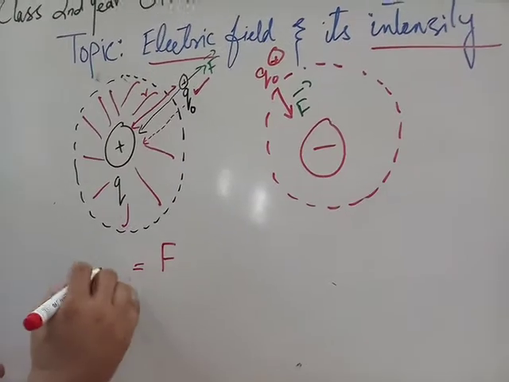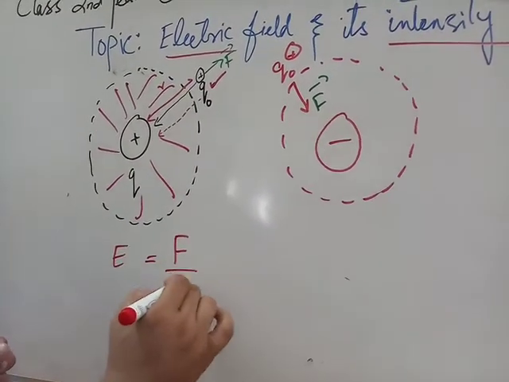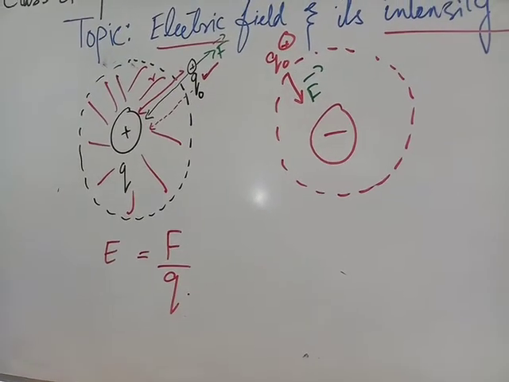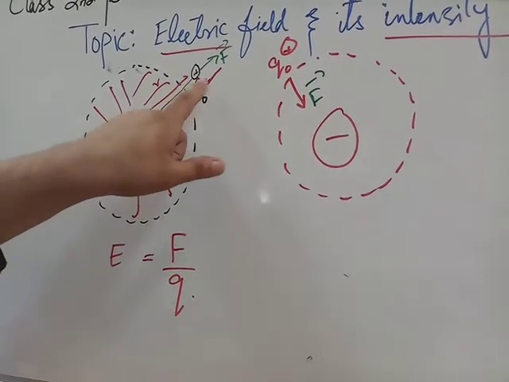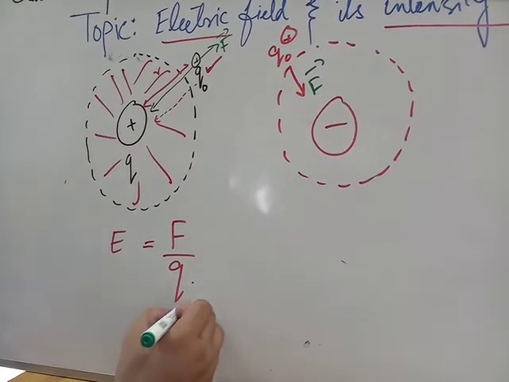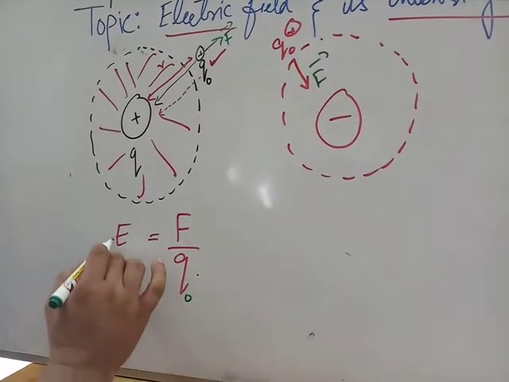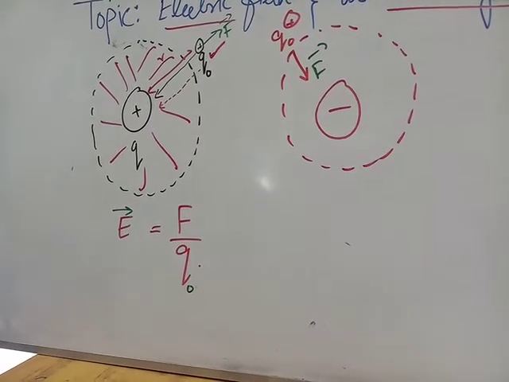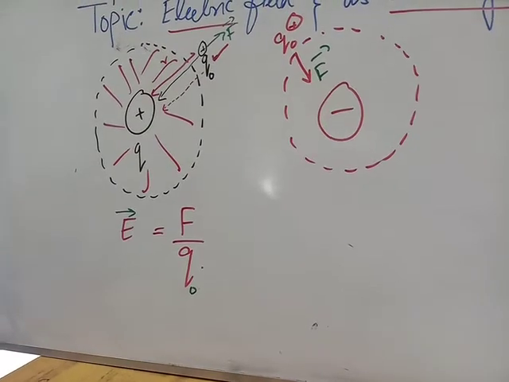So if we consider this formula, it means Q exerts a force on the test charge. The force on a test charge is called the electric field intensity. This is the vectorial form, and the electric field is also a vector.